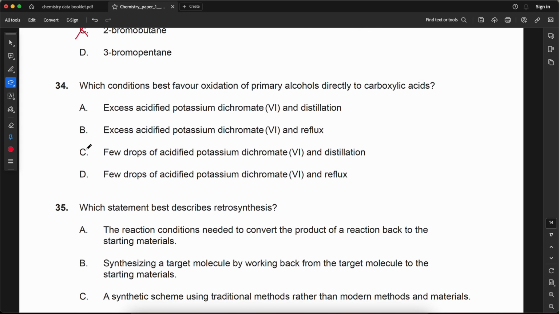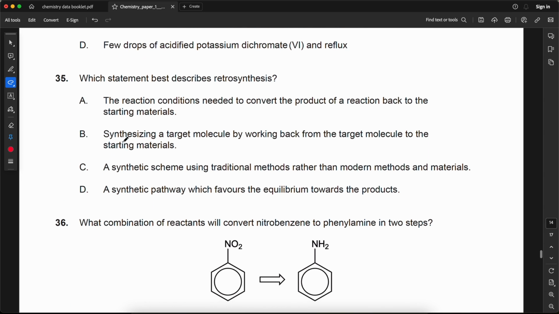Which condition best favors oxidation of primary alcohols directly to carboxylic acid? It's B. It's reflux, okay? Acidified potassium dichromate in excess, but not distillation, but reflux. Which statement best describes retrosynthesis? Retrosynthesis means deconstructing a target molecule into readily available starting materials by breaking bonds or converting one functional group into another.